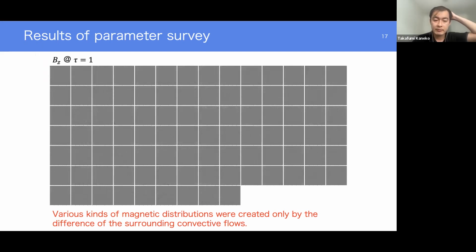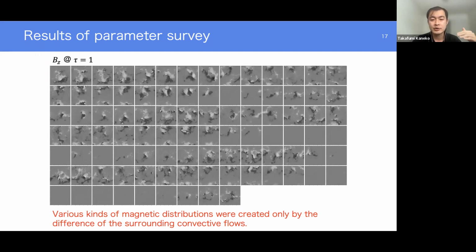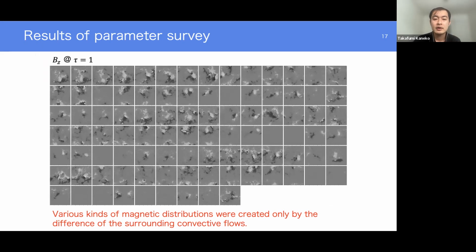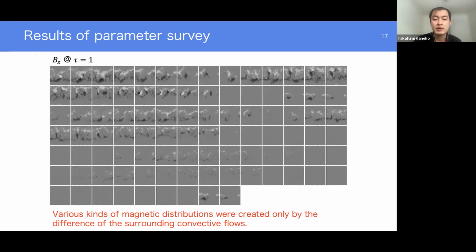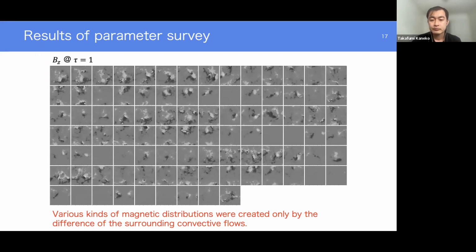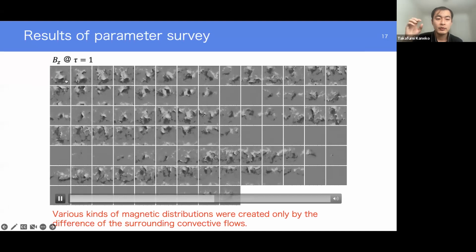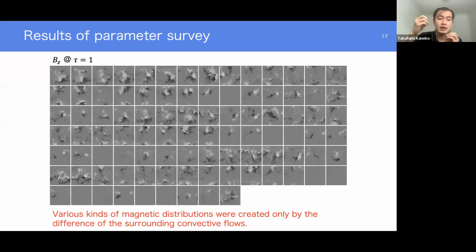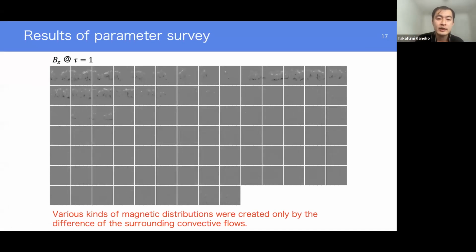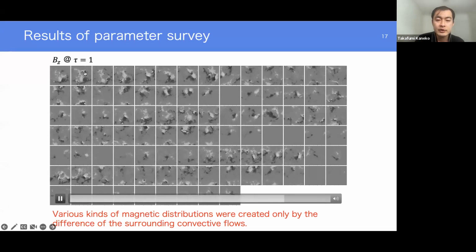The magnetic parameters are the same, but just changing the position of the initial flux tube, the resultant magnetic distributions are completely different. Sometimes positive and negative patches collide, and a delta-type distribution is reproduced.